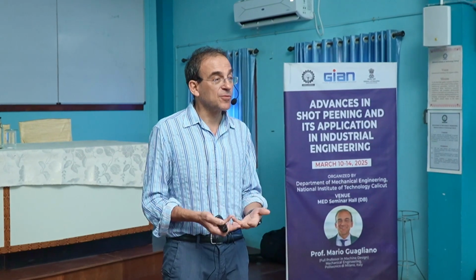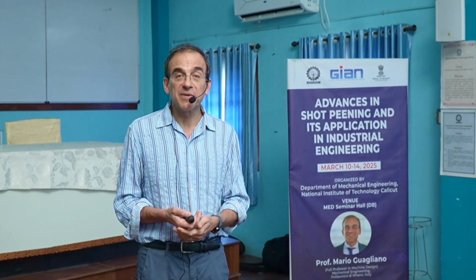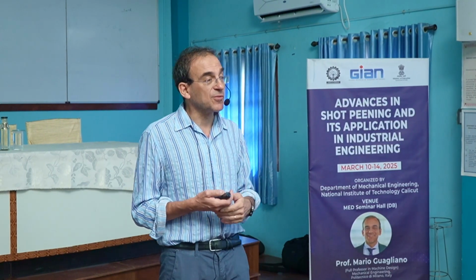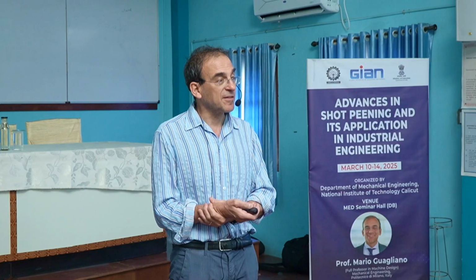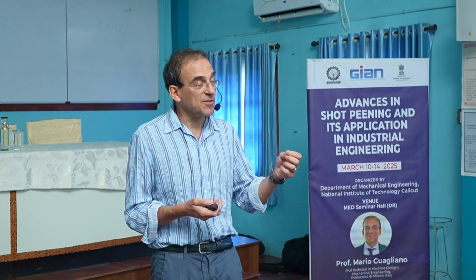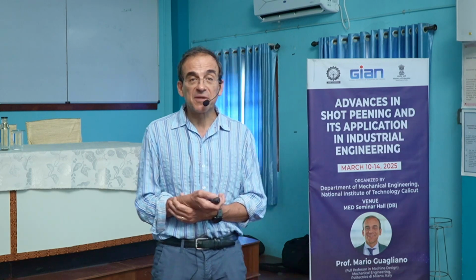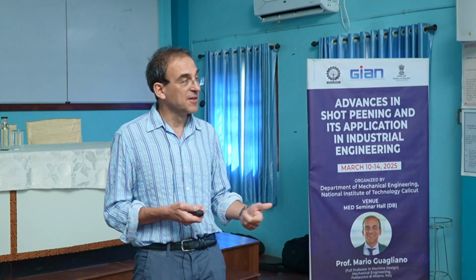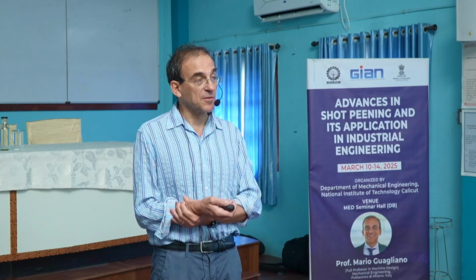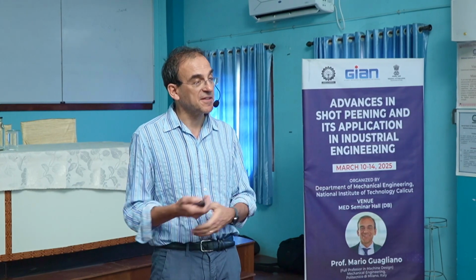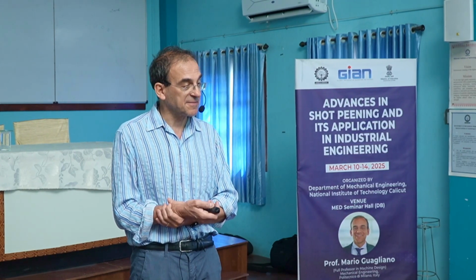Indeed, if you want residual stresses as a result of shot peening, it means that we must induce residual plastic deformation. And this means that the material properties must be considered not only in terms of elastic modulus and Poisson ratio, but also for the complete constitutive equation, the relation between sigma, the stress, and epsilon, the strain.